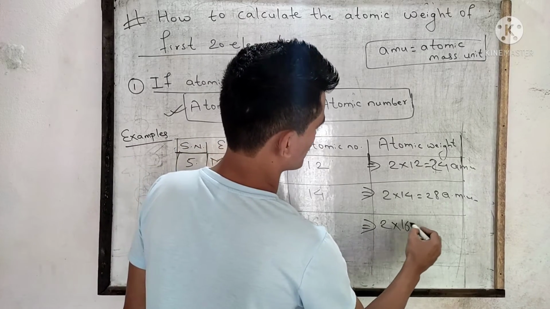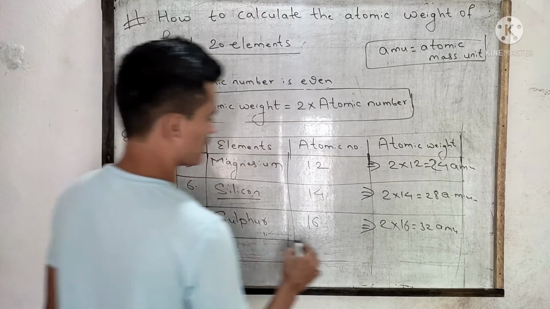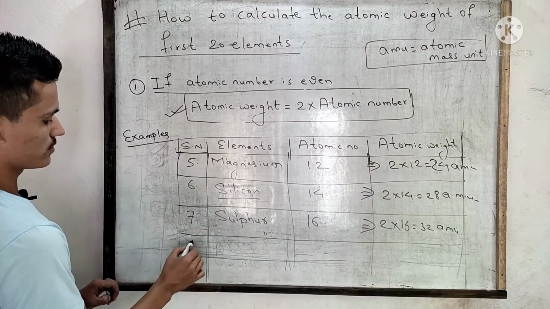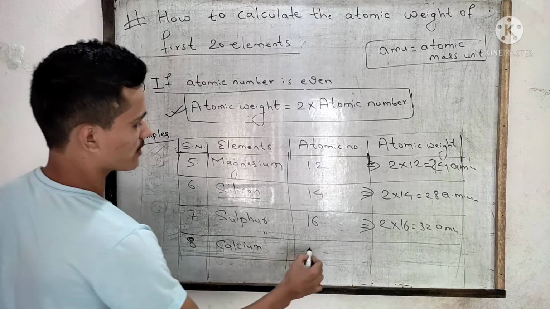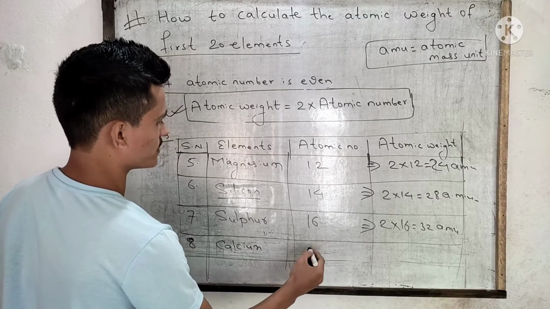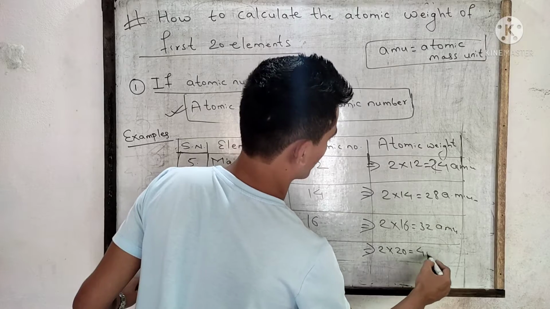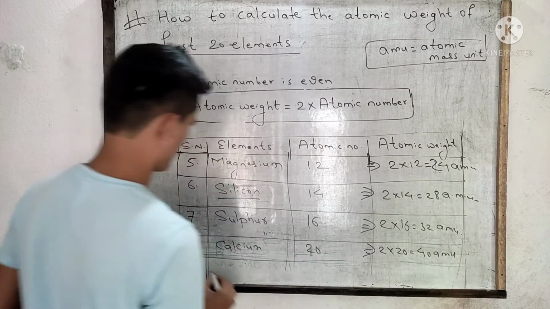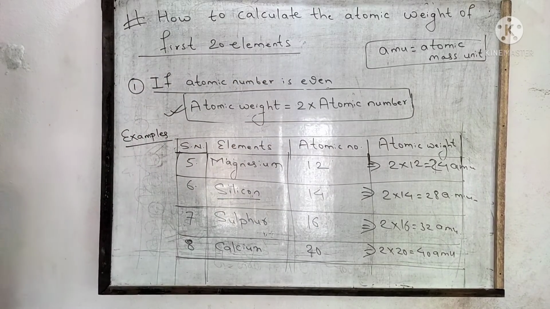Atomic weight will be 2 into 16, equal to 32 amu. Now take calcium. Atomic number is 20. Atomic weight will be 2 into 20, equal to 40 amu. Okay. In this way, we can calculate the atomic weight of those elements which have an even atomic number.